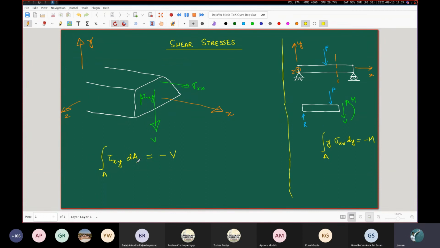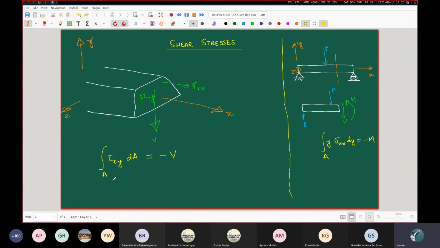You are only supposed to do a force balance when you take a cut section, maybe two cut sections, take out a little chunk of the beam and then write the force balance for that. We are not doing that. We are only looking at this particular cross section. That's it. These small things must be absolutely clear in your head.